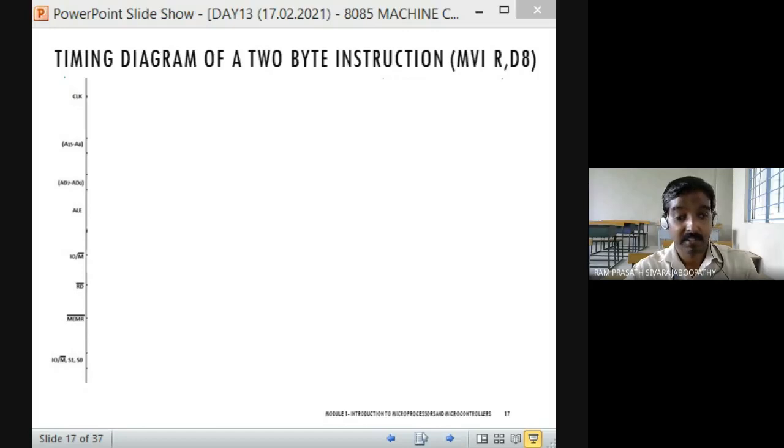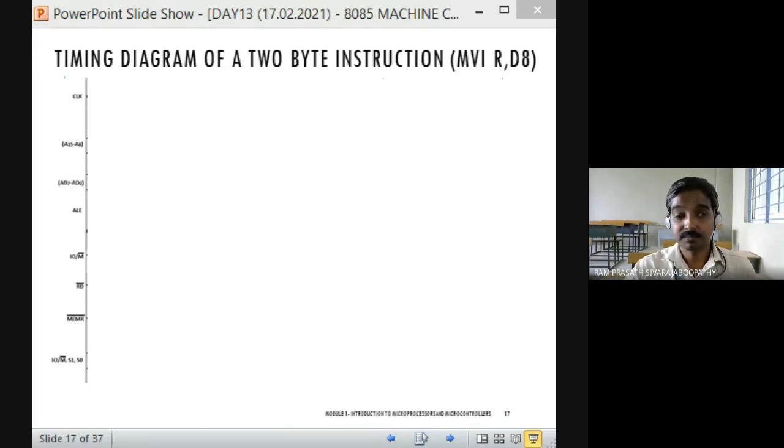Can you write the opcode for this instruction and the bytes? What is the opcode of MVI A? 3EH. The data is 77H. Correct?